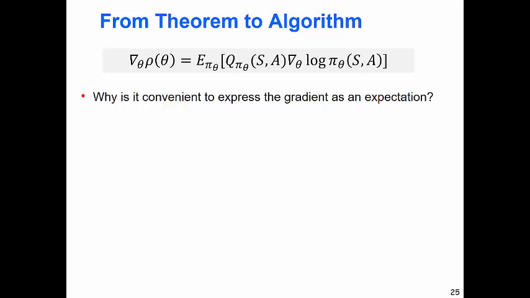Why is it useful to express the gradient as an expectation? Usually you would think this is a pretty hard thing to compute, right? An expectation over the state action distribution that a policy generates. You can't get that in closed form. So why is an expectation useful to derive?